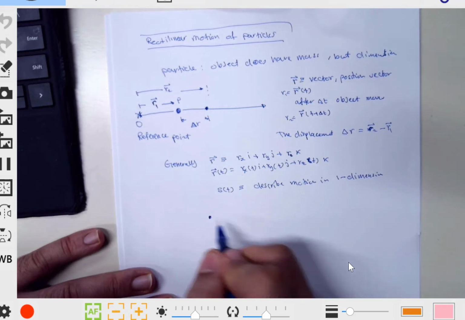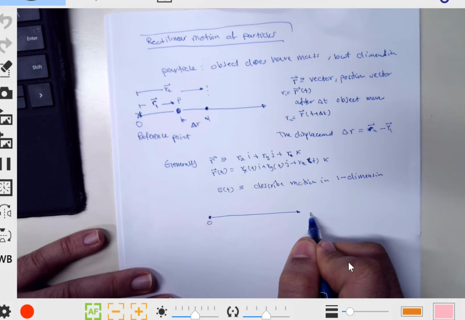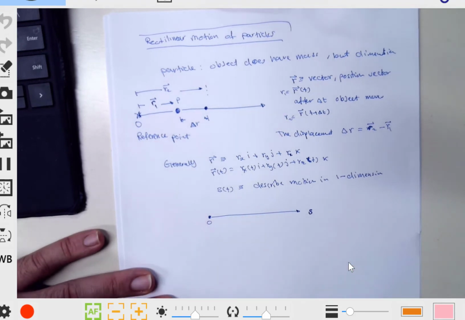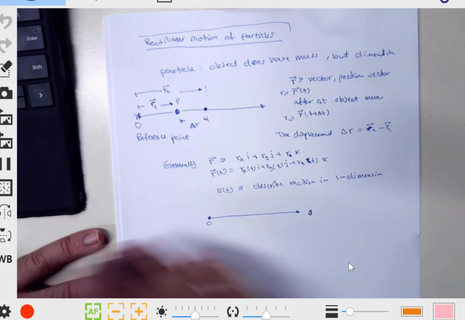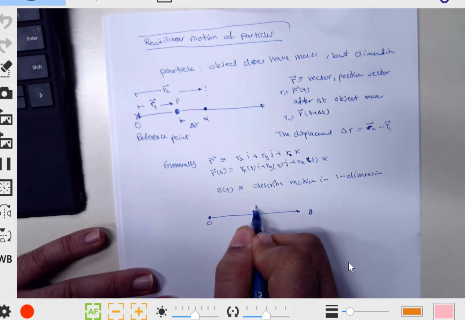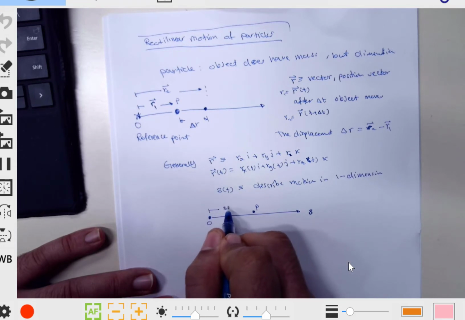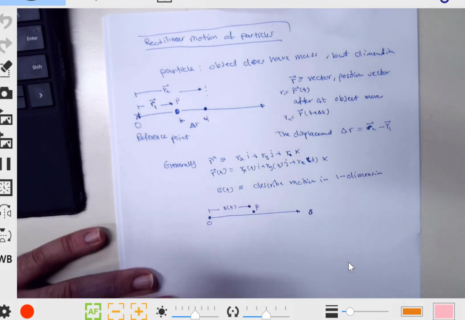Such as if this is a reference, and this is my, call it S direction, and this is the particle. So this is the position of the particle as a function of time.